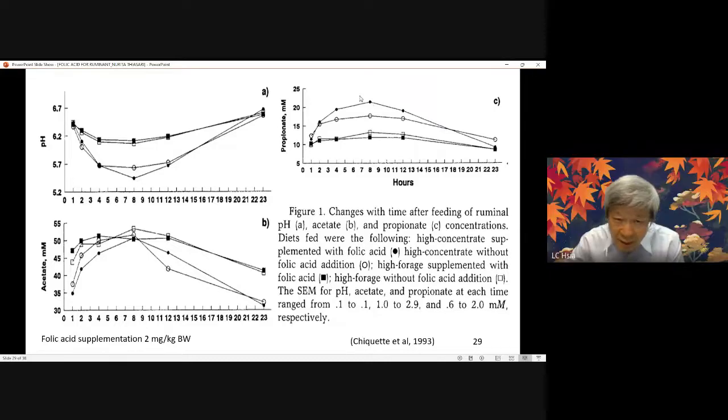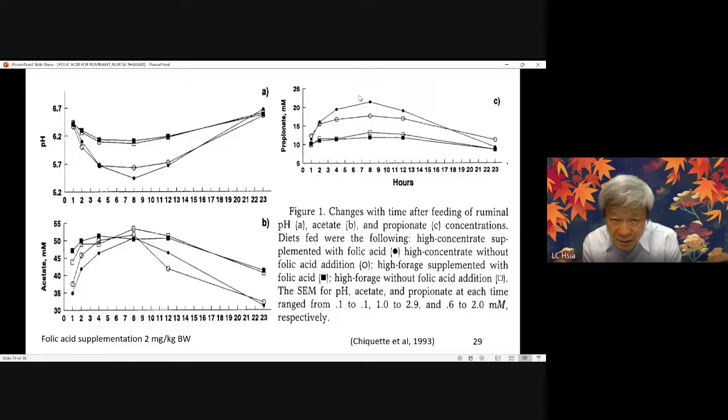Can I say it this way? With higher concentrate, if you do not have folic acid, then this kind of bacteria cannot work well, so they have lower propionic acid. But anyway, they will have higher propionic acid because they have higher concentrate. So the top two lines are still higher than the lower concentrate ones.